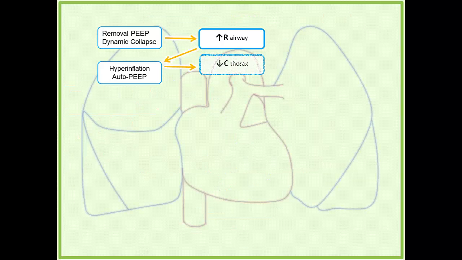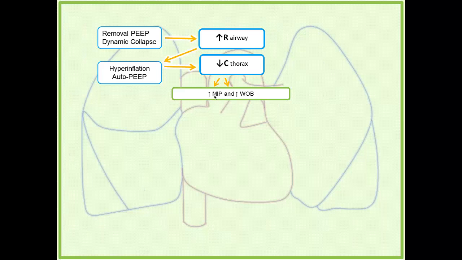So this hyperinflation and auto-PEEP, as you can imagine, decreases your thoracic compliance. And as we saw, when you're breathing at very high lung volumes, the compliance curves of the lungs and the chest wall become worse, and therefore a greater change in intrathoracic pressure must be generated to drive a volume in airflow.